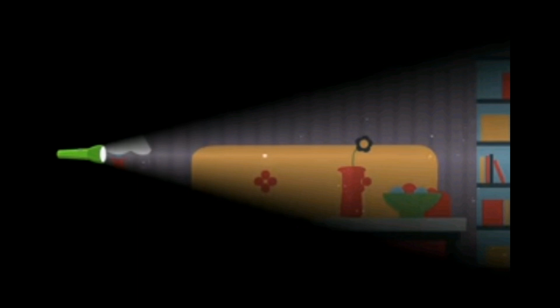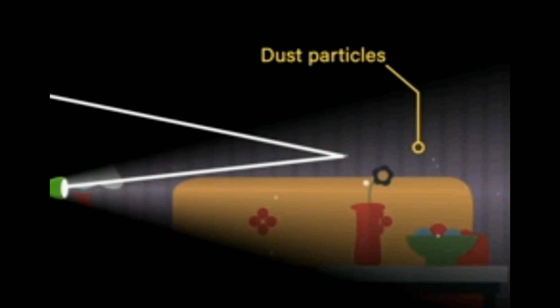Step inside a dark room, light up a torch, and point it at a distant wall. Look carefully at the path of the light coming from the torch. You can see tiny dust particles in the air. What is the reason for this? Why are you able to see these particles? You are able to see the dust particles because the light from the torch is getting reflected from these surfaces and traveling to our eyes.